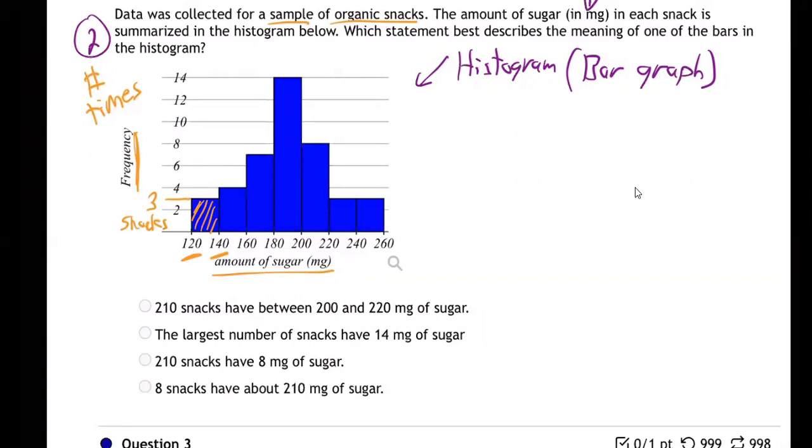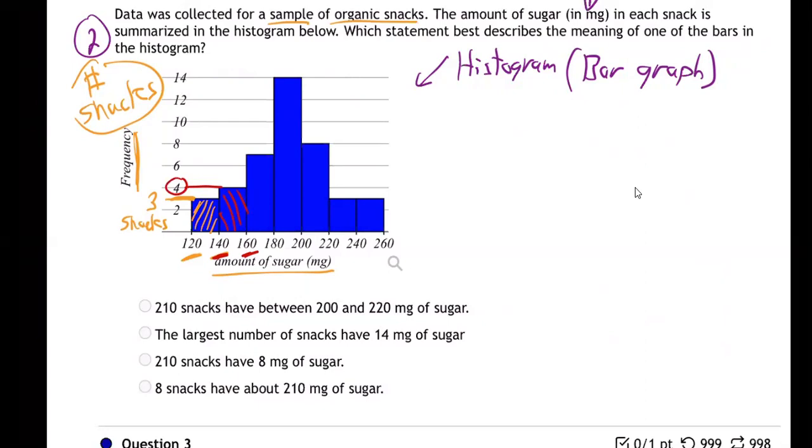3 snacks. Why 3? Because the bar comes up halfway between 2 and 4, right? Remember, the vertical axis here is number of times, or probably even better, specifically, I could say number of snacks in this case. So how about the next bar? What does this mean? 4 snacks have between 140 and 160 milligrams of sugar in them, right?